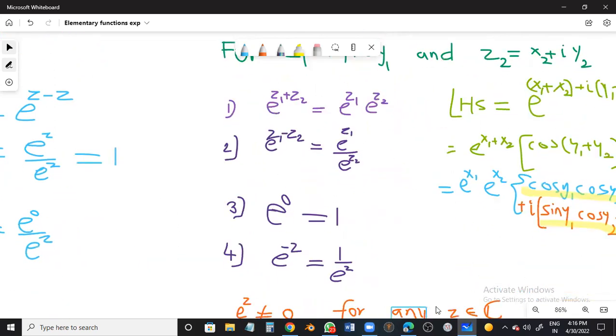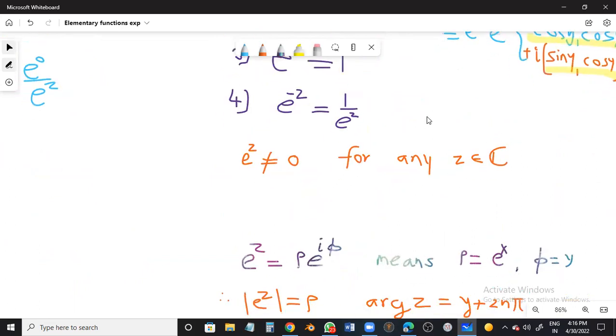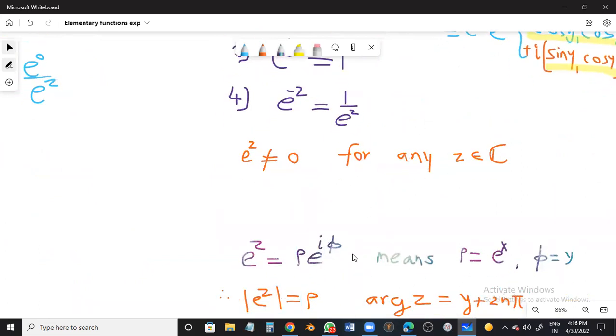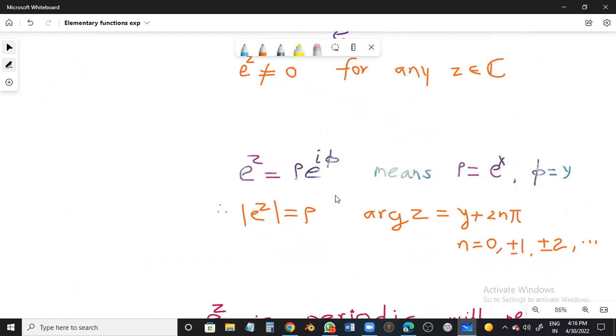So the same thing I can write as rho times e raised to i phi. So what is this rho? Rho is nothing but the modulus. As we have just now seen, rho will be e raised to x, and phi will be the argument. So phi will be y.